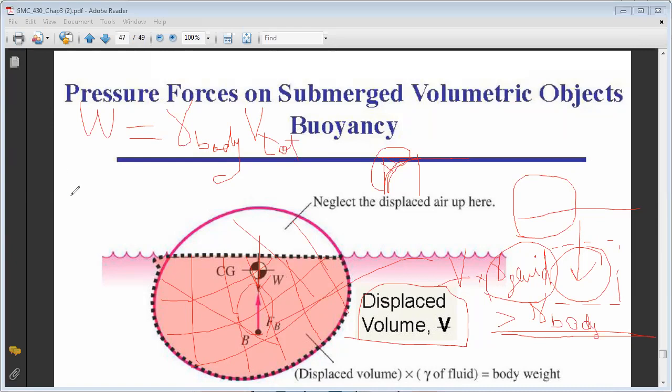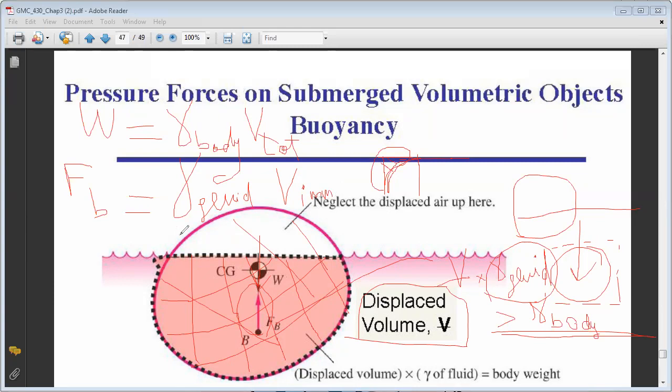While the buoyancy force, F buoyancy, is gamma of the fluid times the immersed volume. Always an object will tend to equilibrium conditions, okay?